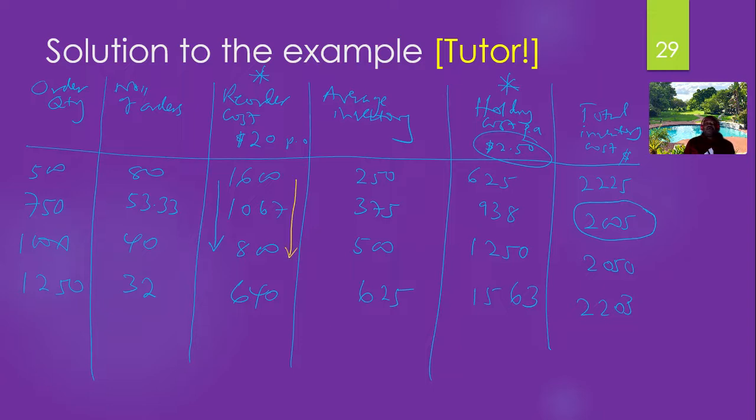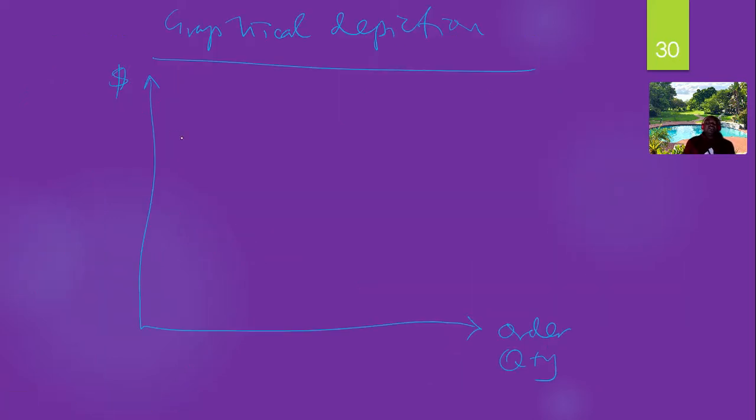The larger the order, the reorder costs were decreasing. So the ordering costs tend to decrease as the order quantities increase.